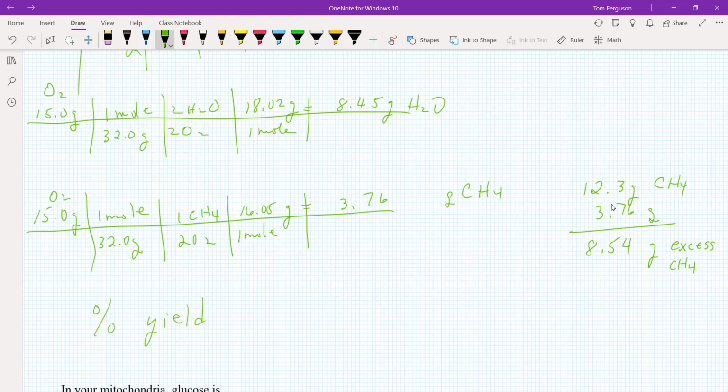So the percent yield is equal to actual over theoretical times 100. So in our case, it's going to be 2 over 3.76 times 100.